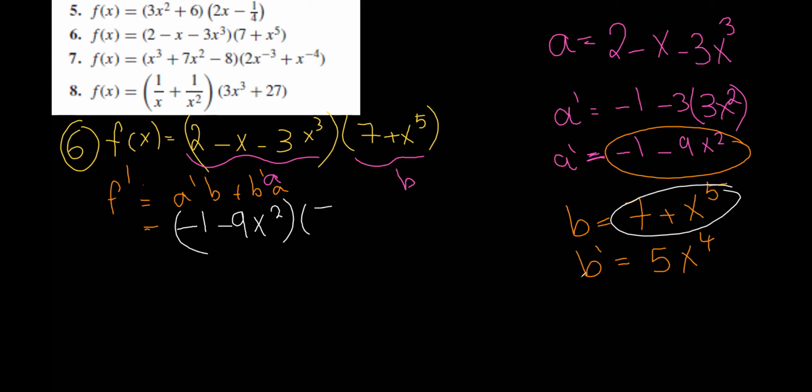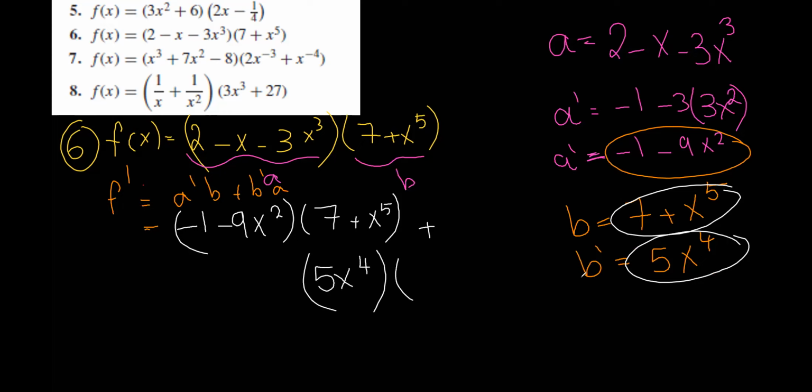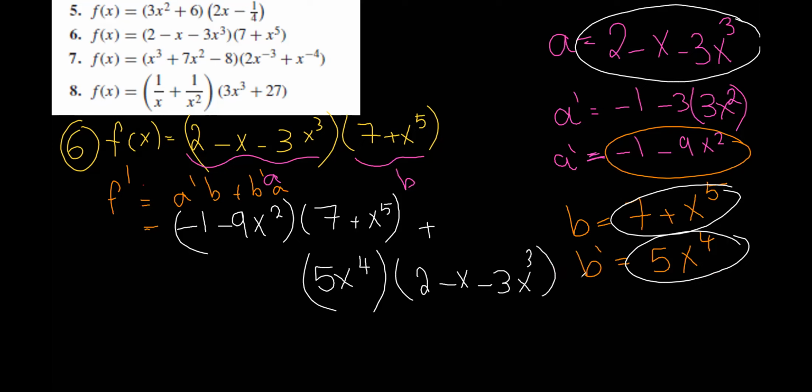It is 7 plus x to the power 5, plus B prime. Where is B prime? It is 5x to the power 4, times, where is A? It is 2 minus x minus 3x cubed. This will be the derivative.